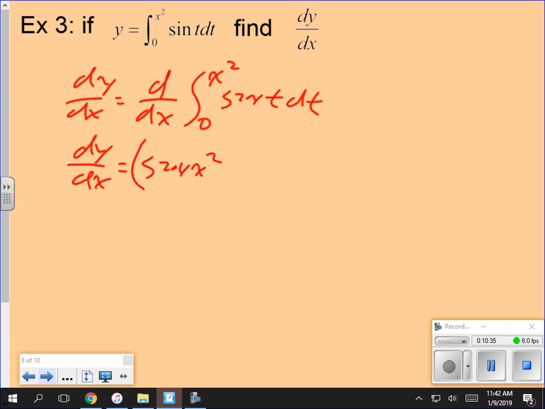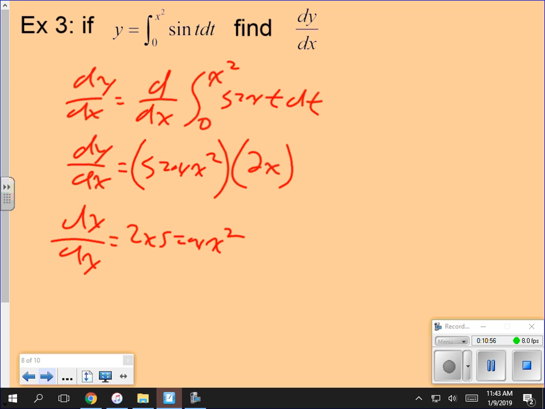I plug in that function of x, and then I have to multiply it times the derivative of that function of x. In this case, 2x. But to make it look pretty, as we should, you should bring the 2x in front. Just to make it look pretty.